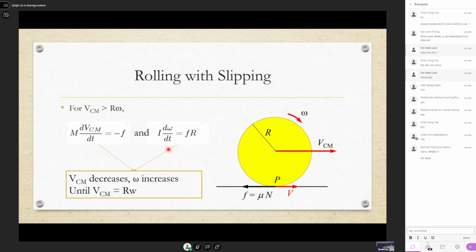Then for rotation, the equation will be like this. I alpha, where d omega over dt is your alpha, equals your torque. The torque here is your force times radius, force times perpendicular distance.